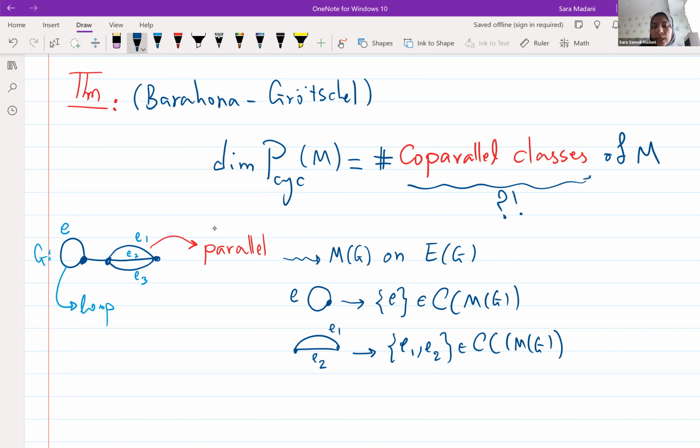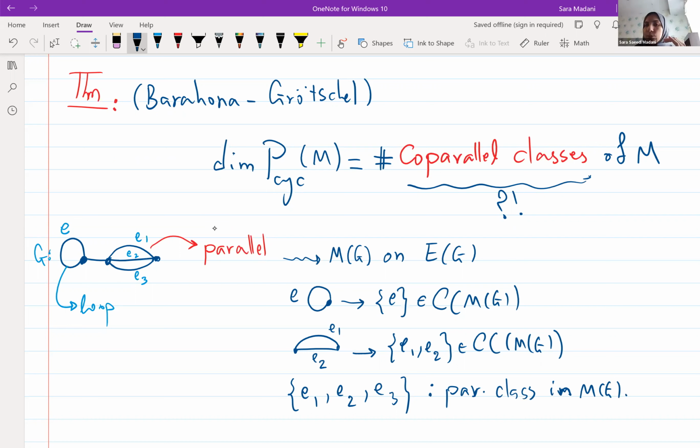And these three edges, E1, E2, E3, is called a parallel class in M_G. Just keep it in mind.